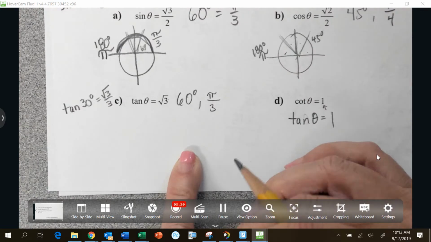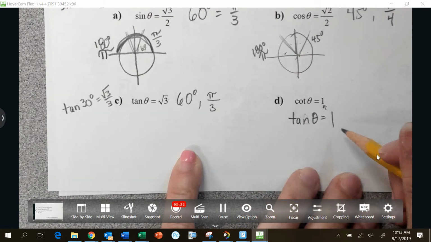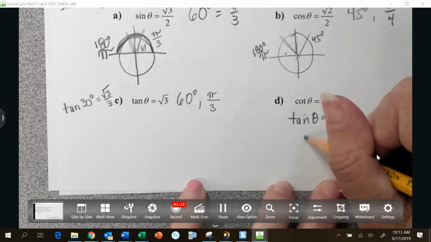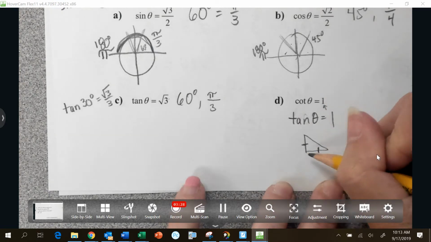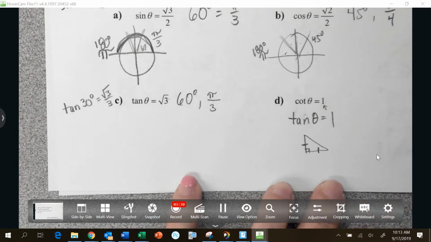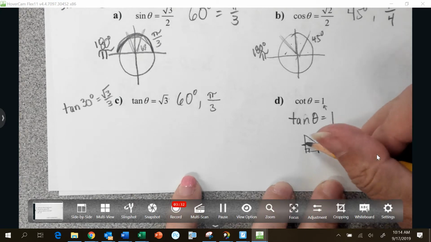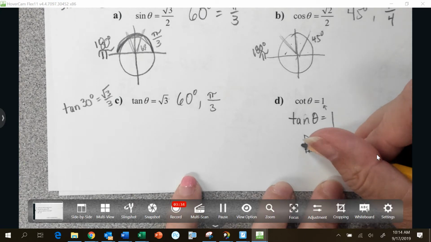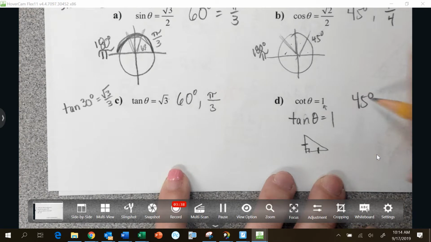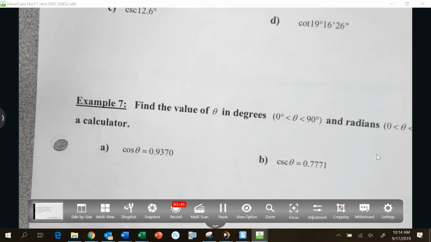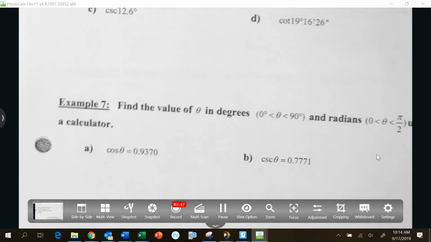In order to have tangent be 1, that means in my triangle, my opposite and my adjacent side have to be the same. What kind of triangle do I have if my opposite and my adjacent side are the same? 45 degrees, which is pi over 4. Okay? The more you start thinking about that stuff, the easier memorizing it gets.